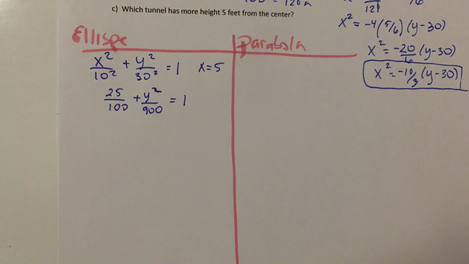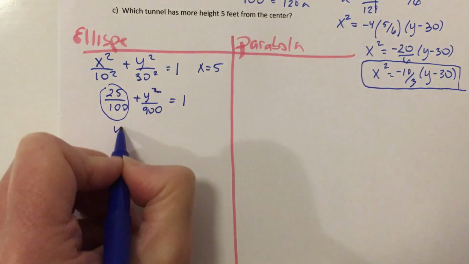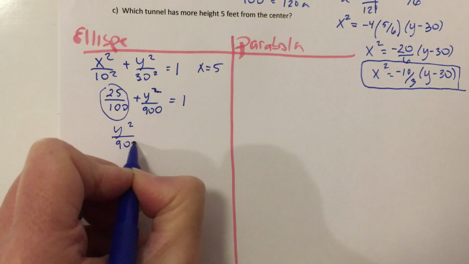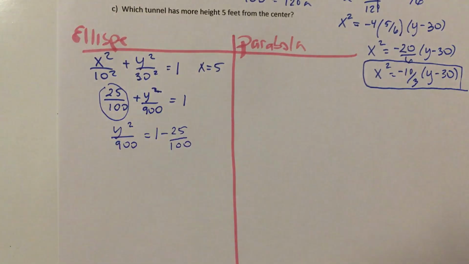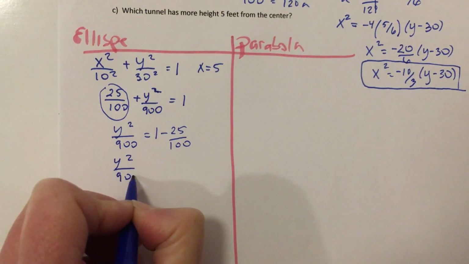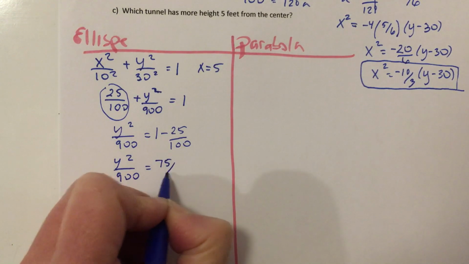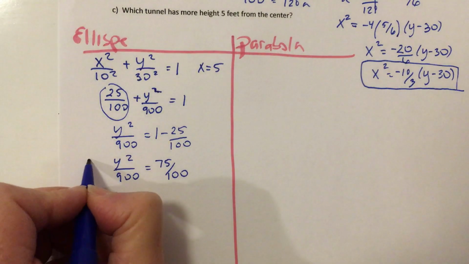I just went ahead and squared those. To solve this, I'm going to subtract this from both sides. So y squared over 900 equals 1 minus 25 over 100. Okay, so y squared over 900 equals 75 over 100. At this point, you can just multiply by 900.